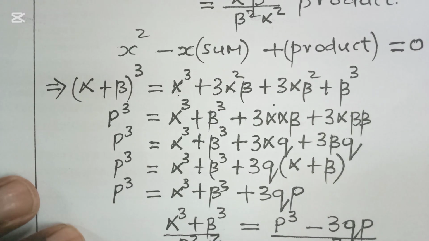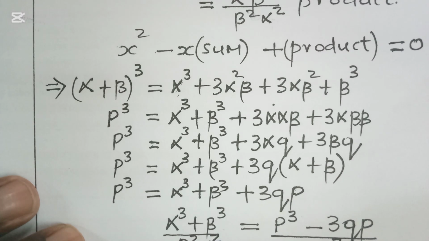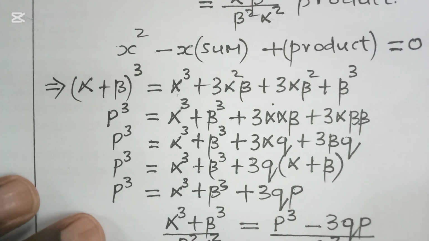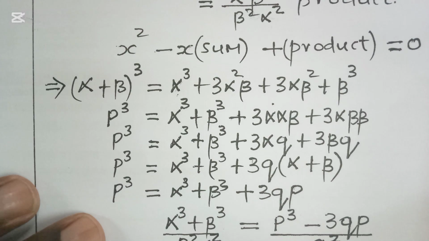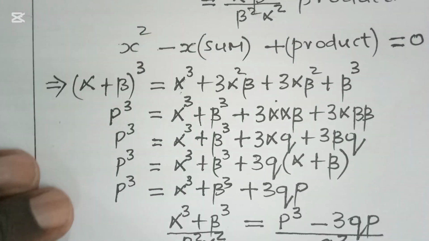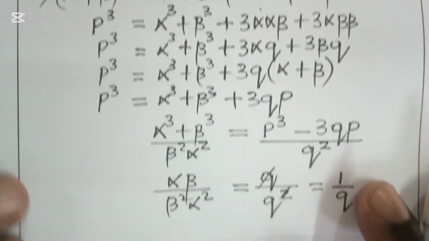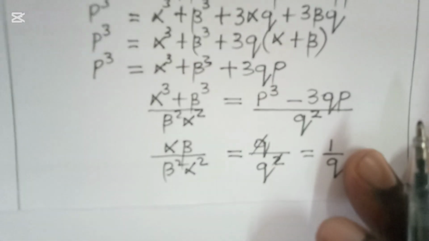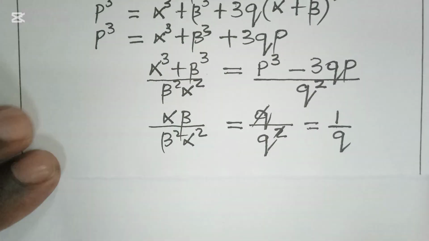So therefore we can cancel one of the q there and one q on this side. So we are left with 1 all over q. And so now we can write our equation. The equation will be written like this. This now is going to be our equation.